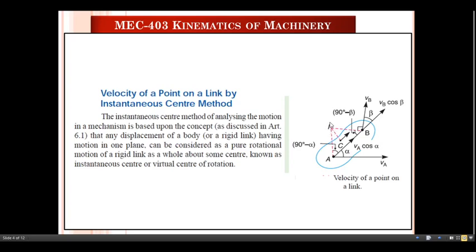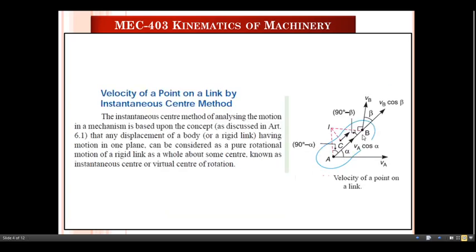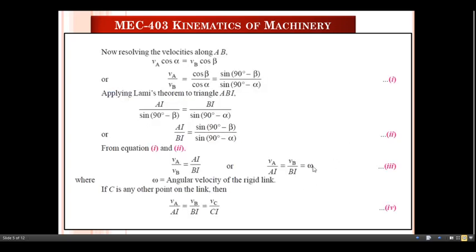Here, the distance between this point and the instantaneous center is nothing but the radius of rotation, or the location of that instantaneous center. So here we can get AI and BI. In this way we can get the relation. As points A and B lie on the same link, the angular velocity of that link remains constant.